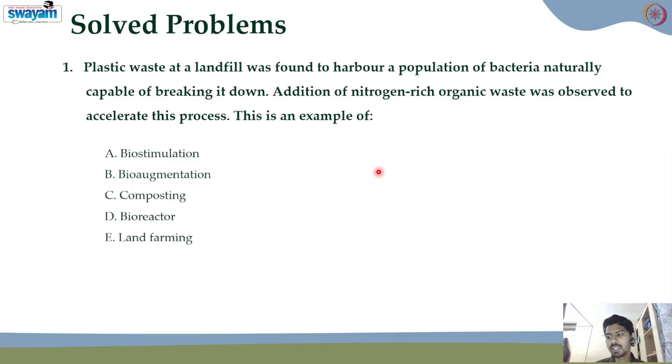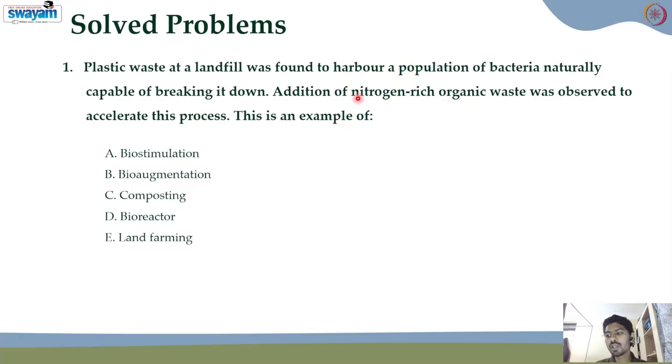I will explain the question once again. You have plastic waste at a particular landfill, and in that landfill you already have a microbial community, that is bacteria, that has the capability to degrade this plastic waste. So we are not going to introduce any microorganism here. We are going to add nitrogen-rich organic waste.